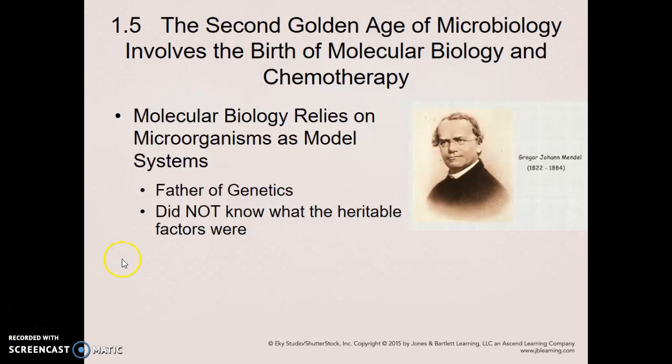So he's known as the father of genetics. He is the monk who played with pea plants, and he was able to figure out all kinds of really cool things just by looking at peas and crossing different peas.